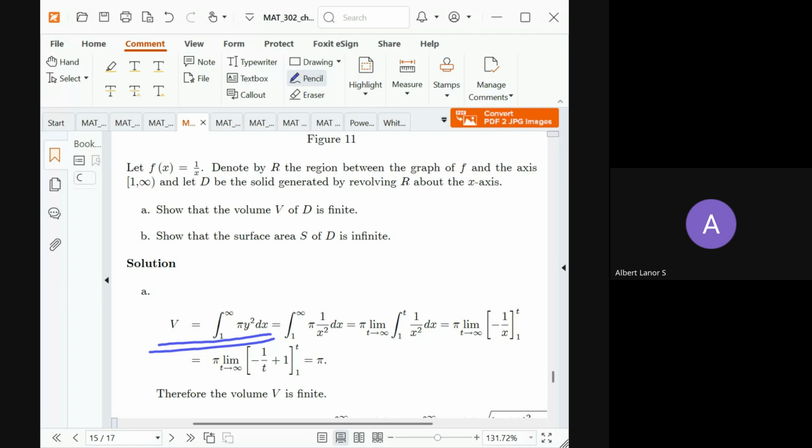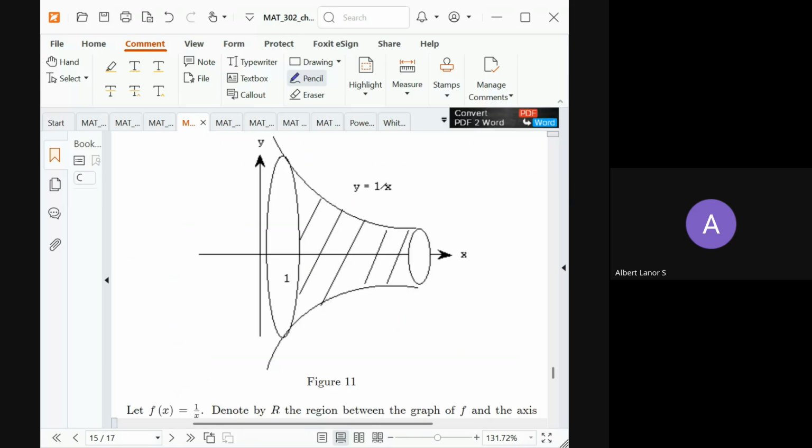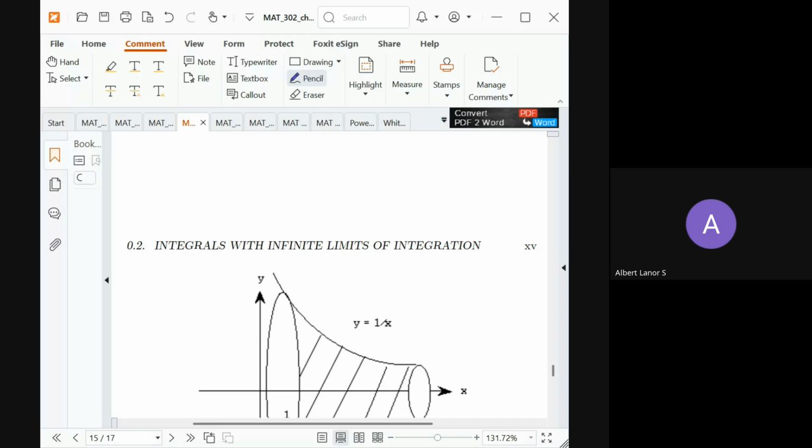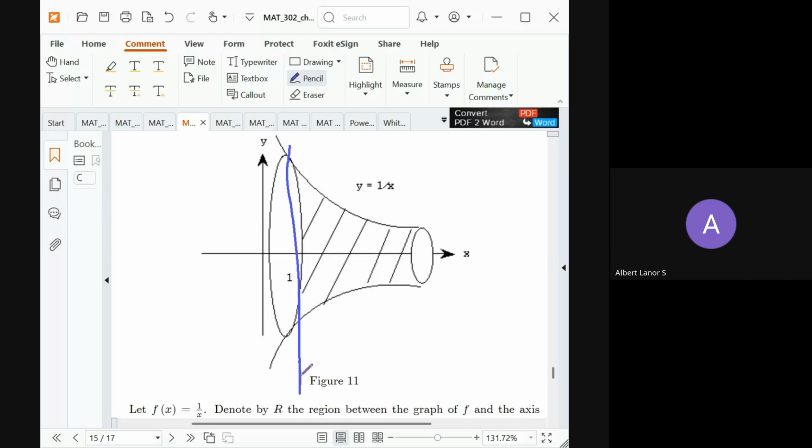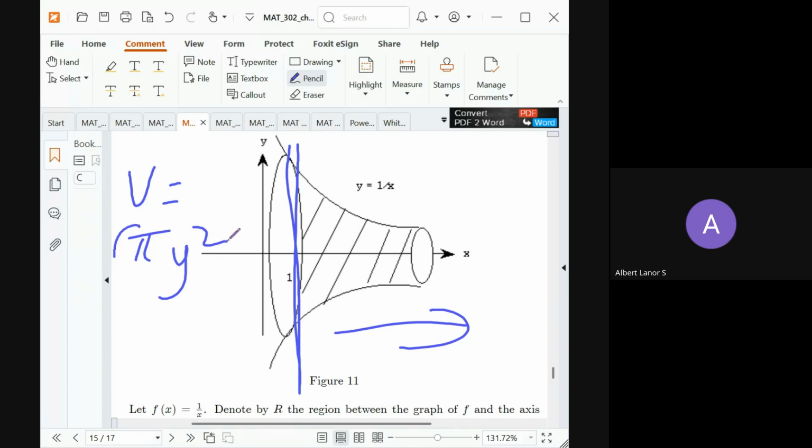Now, the graph is starting from 1. So you see that it's starting from 1 here to infinity. So the volume would be pi times the integral of the square of y from 1 to infinity.